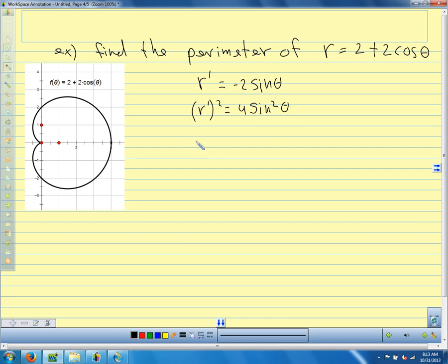And r squared, the other piece of our integrand, when I square this, I get 4 plus 8 cosine theta plus 4 cosine squared theta. So this kind of looks intimidating at first, but then I see this, and I think, okay, everything might be okay.